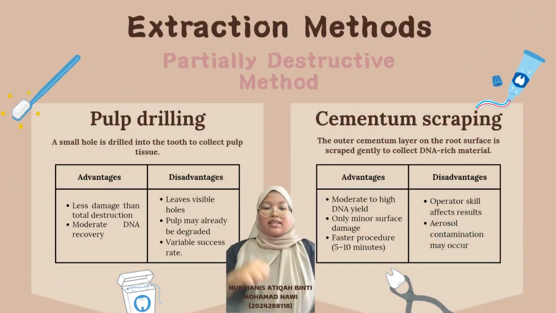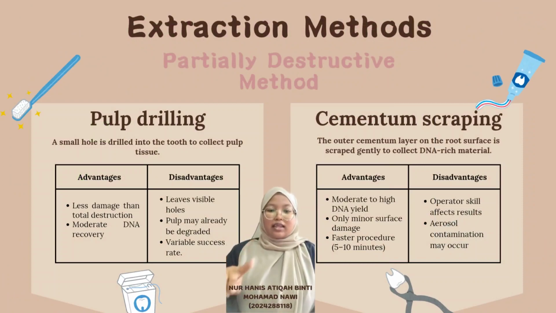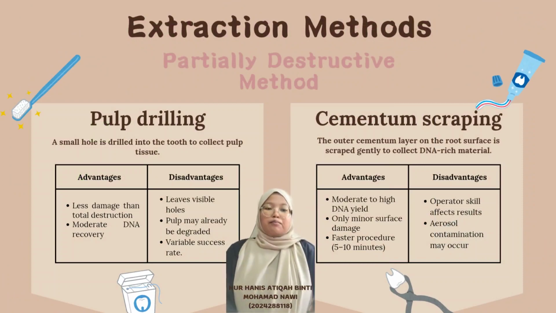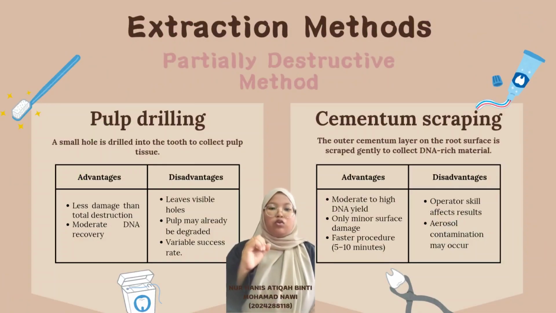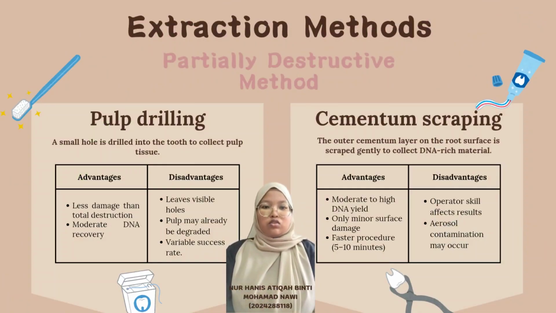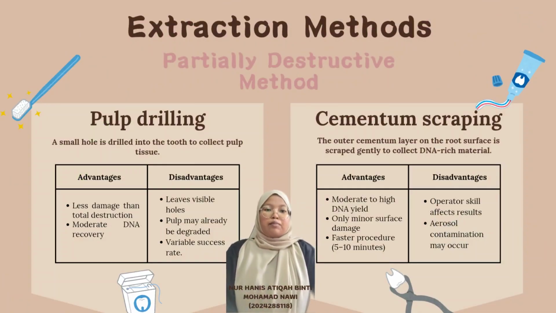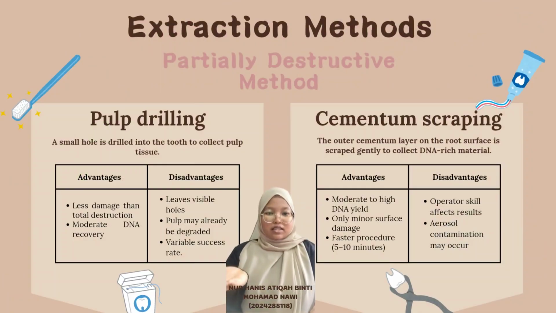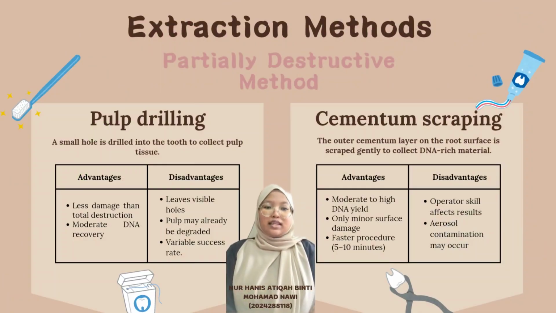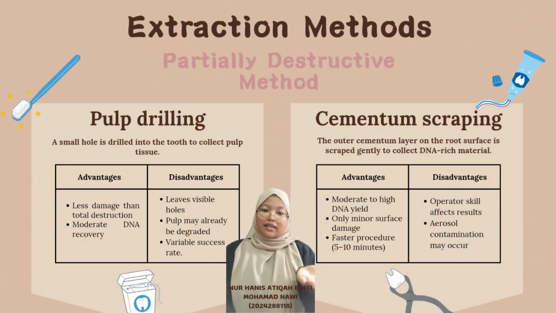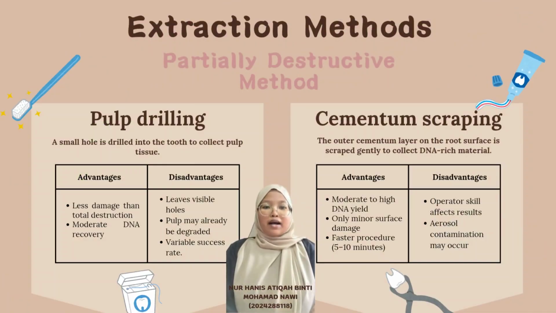The second method is partially destructive method, which are pulp drilling and cementum scraping. Pulp drilling happens when a small hole is drilled into the tooth to collect pulp tissue. Pulp drilling causes less damage than total destruction and moderate DNA recovery but leaves a visible hole. Pulp may already be degraded and have variable success rate.